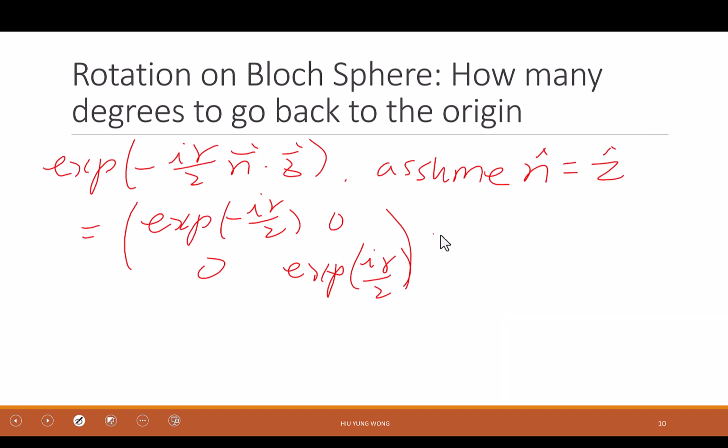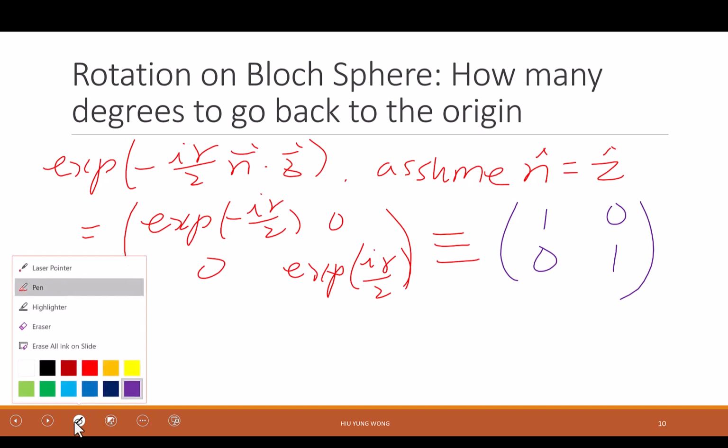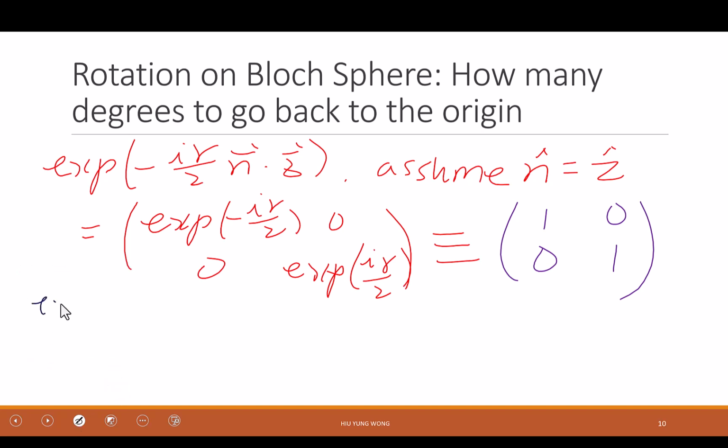What I need to do is to make this equal to this. If I want to rotate it back to its original state, then based on this, what should be the value of gamma?